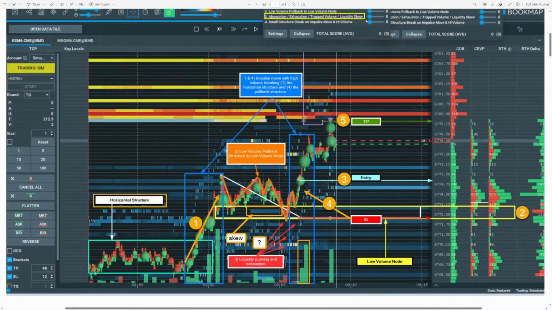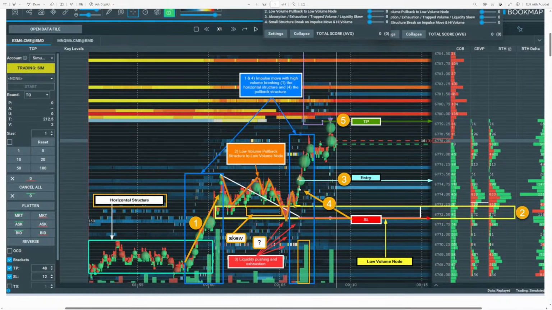It's number 3 up here, that we're looking for something here. Absorption, exhaustion, trap volume, liquidity skew. If I had enough room in here, I would have also put in stop run. Hit the stops. Then above this area, above where those sellers came in, you can even see it retested right here, like very small little area right in here.